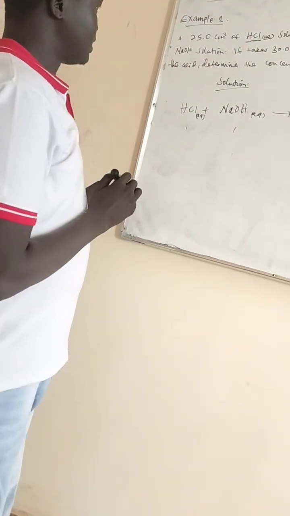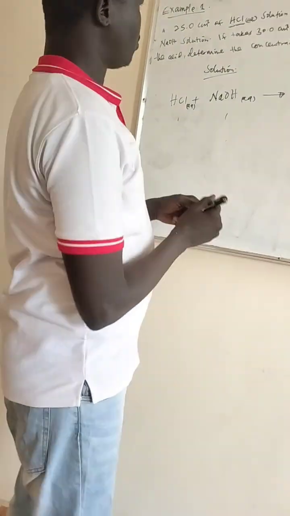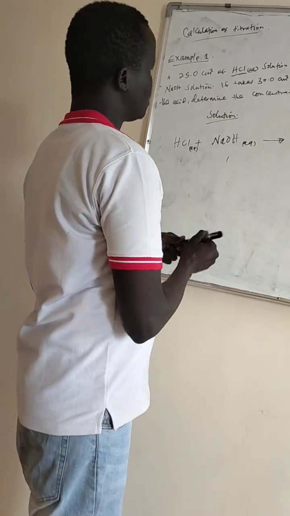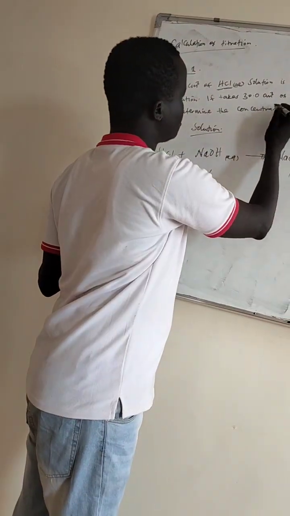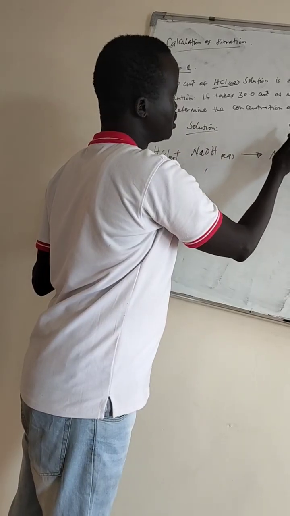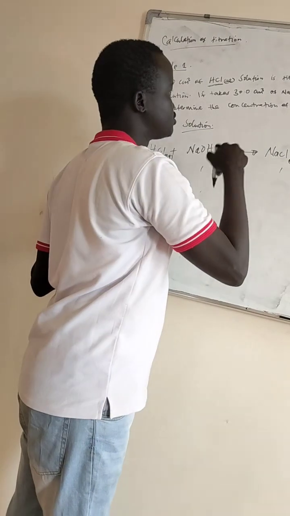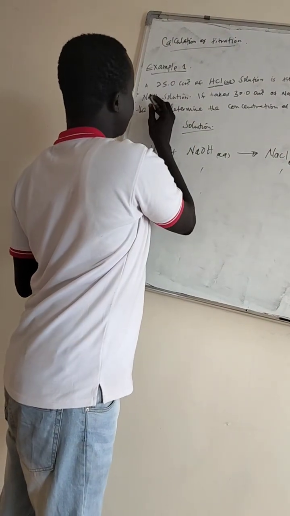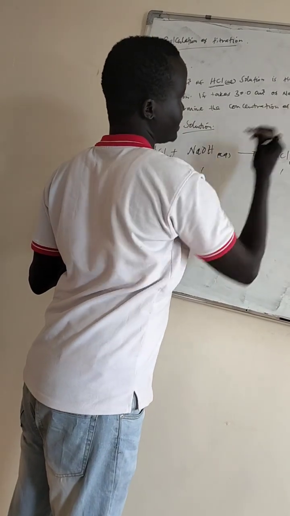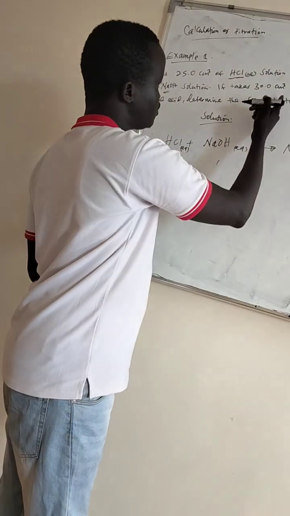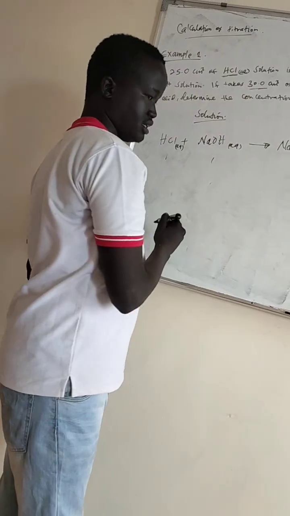Now, we come back to our equation. What is given? We are given the standard solution, the solution with known concentration, which is sodium hydroxide. This sodium hydroxide also has a volume.